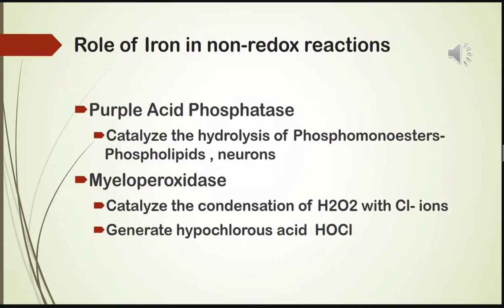Also, another enzyme that involves iron in a non-redox reaction is your myeloperoxidase. This catalyzes the condensation of your peroxide with your chlorine ions to generate your hypochlorous acid. Your hypochlorous acid is actually a powerful antibacterial.